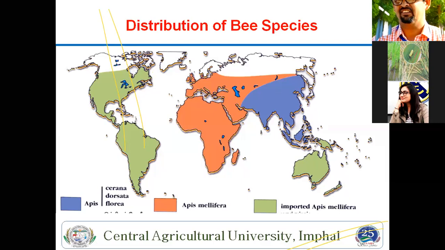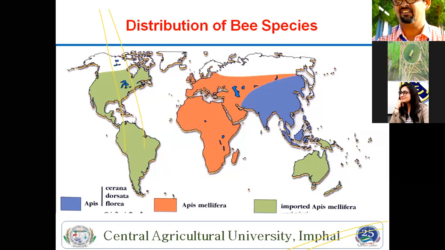Another is the rock bee. The scientific name is Apis dorsata, found all over Asian countries, and it is non-domesticated. Apis cerana himalayana, Apis cerana indica and cerana cerana, plus Apis mellifera, are domesticated species. 2 species are domesticated and 2 species are non-domesticated: one is Apis florea and another is Apis dorsata. Some of their boxes are also different. Parallel combs are made by Apis cerana, the Indian bee, as well as the Italian bee.